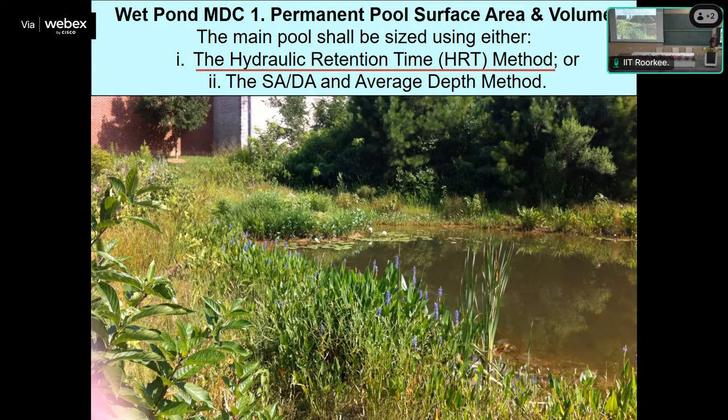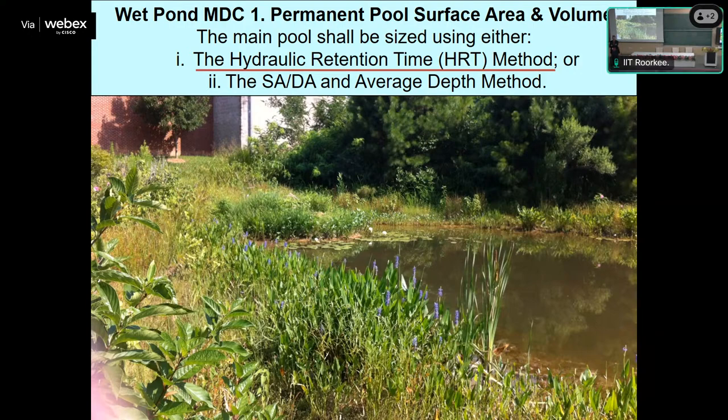Now, how big does a wet pond need to be? We talked about this with sedimentation on Tuesday, but when you're thinking about how big a wet pond needs to be, really it's about how much time you want that water to be in your pond before it gets flushed out, okay? And that is referred to as the hydraulic retention time.